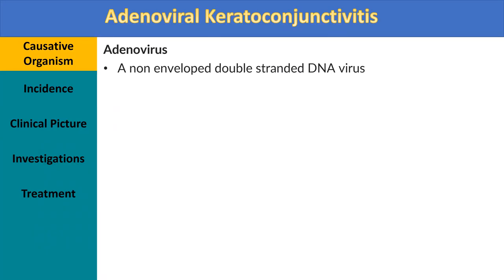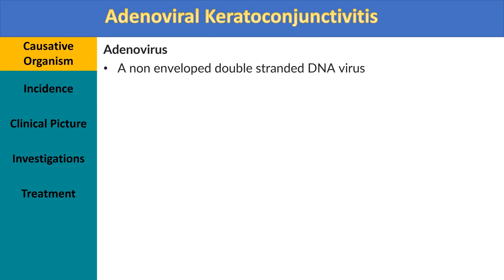But now we will discuss follicular conjunctivitis. What are the diseases that cause follicular conjunctivitis? Starting with the infectious, we have three viruses: the adenovirus, the herpes, and the poxvirus. Again, the adenovirus, the herpes, and the poxvirus.